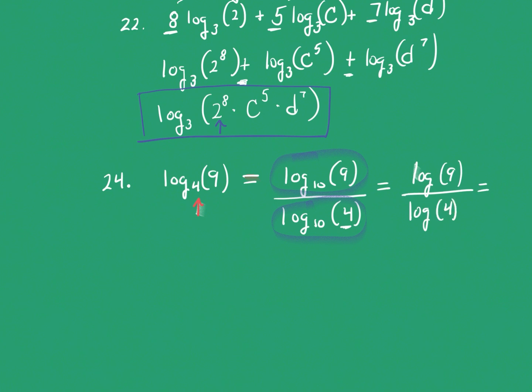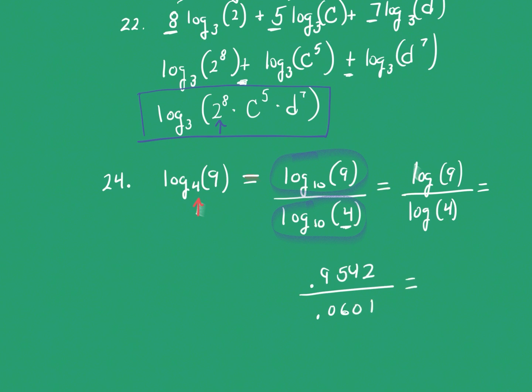Let me do mine here. If I do log of 9, I get 0.9542, and the log of 4 is 0.0601.